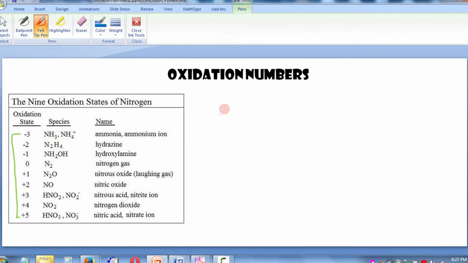So let's go back and just look at HNO3. Write this example out. HNO3. Okay? So, we have 1, 2, 3 atoms. We know the oxidation state for hydrogen is +1, and we know the oxidation state of oxygen is -2.